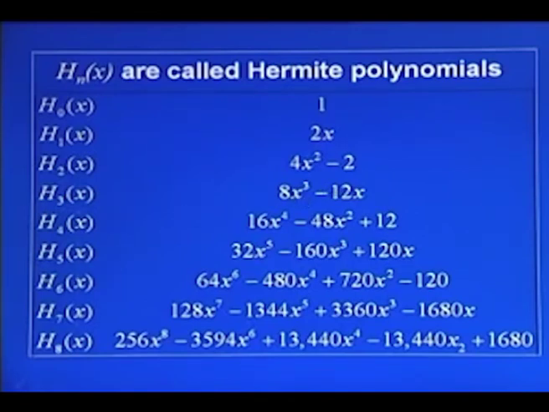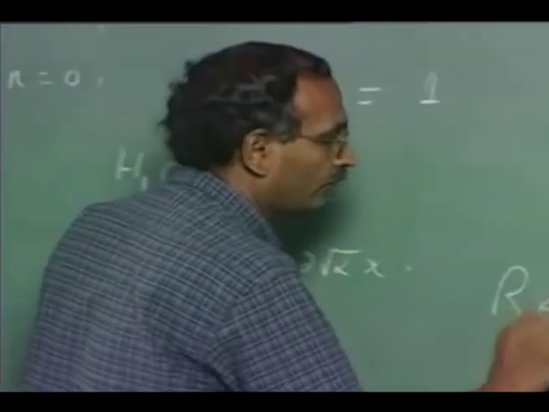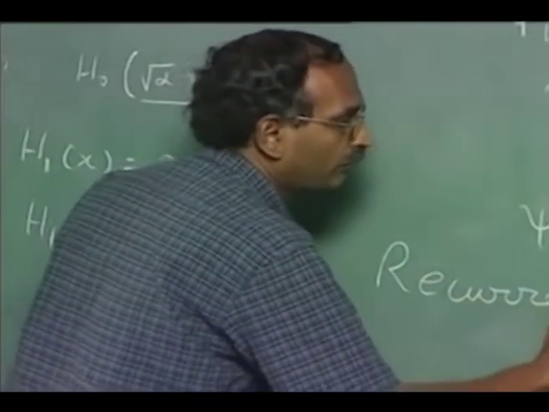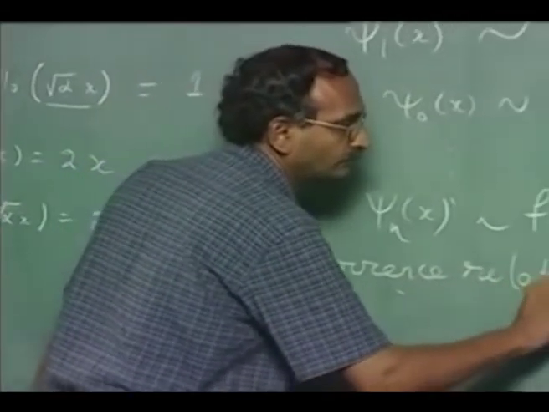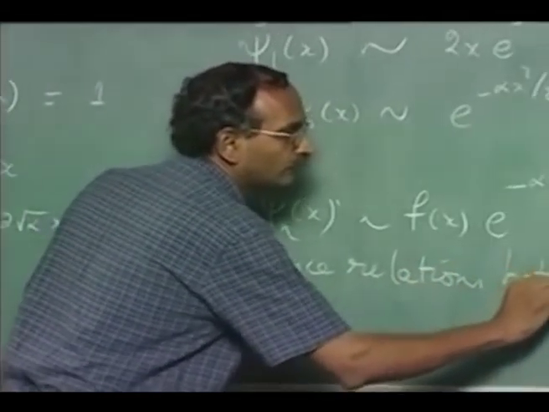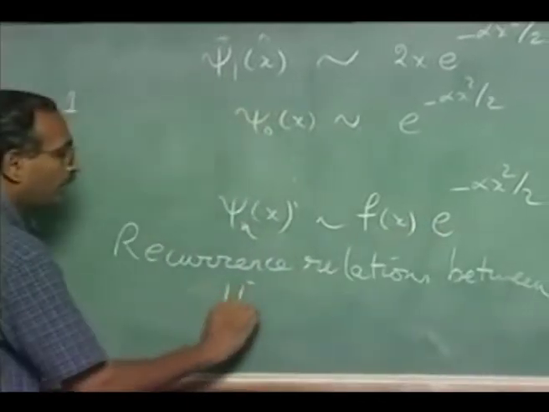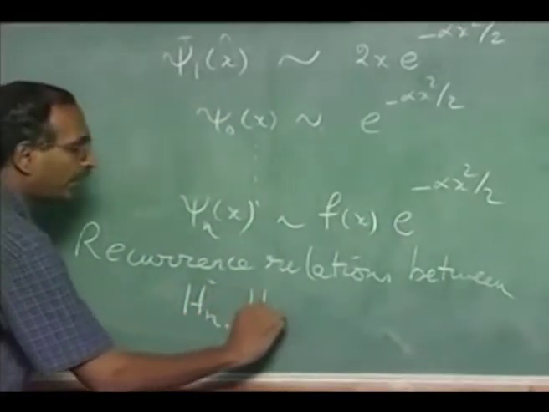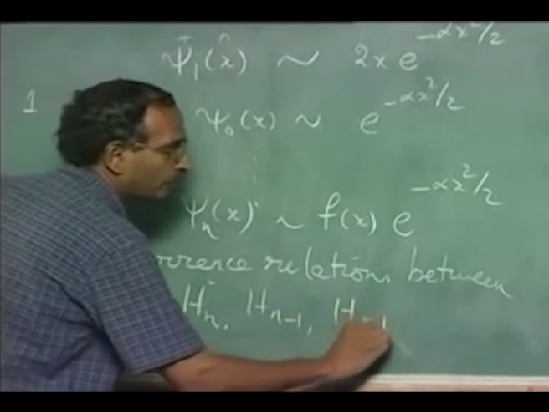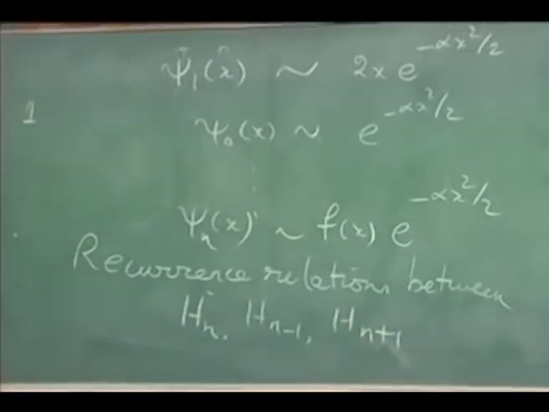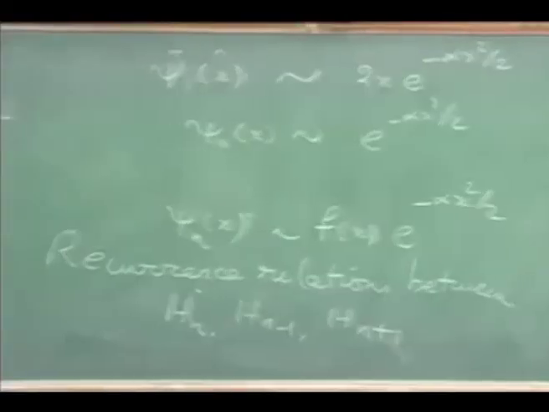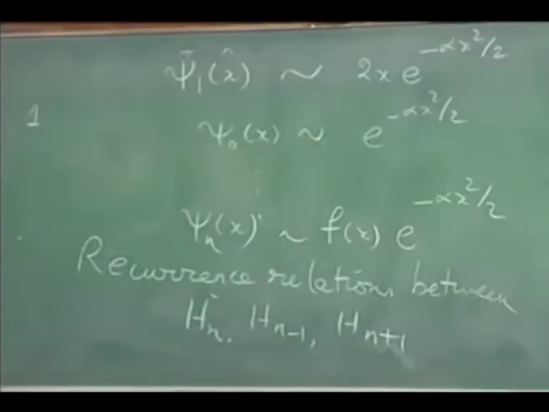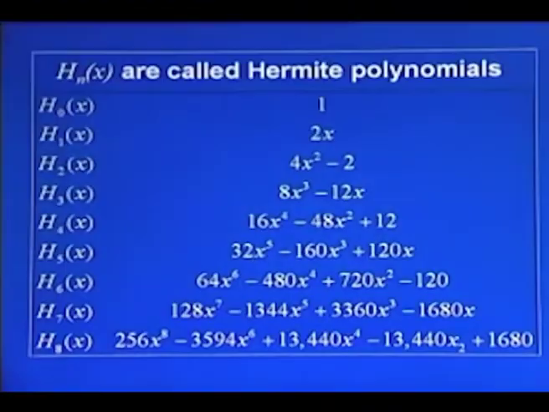So there is a direct relation: whatever is the order, that is the highest power of this polynomial, and there is a way of generating these polynomials through what are called recurrence relations between Hermite polynomials hn, hn minus 1, hn plus 1. Therefore, one can generate this table for n equal to 20 in no time. Again, that is not of interest. What is of interest is the nature of this polynomial.